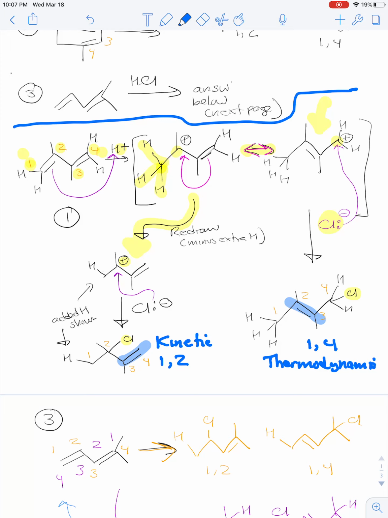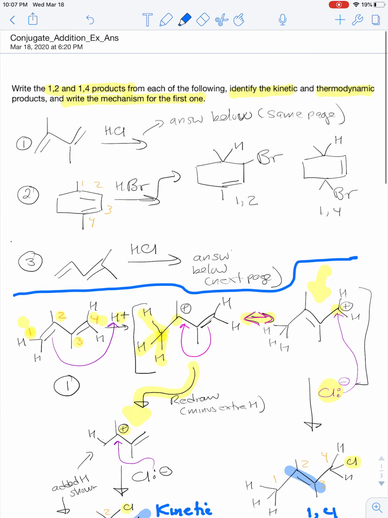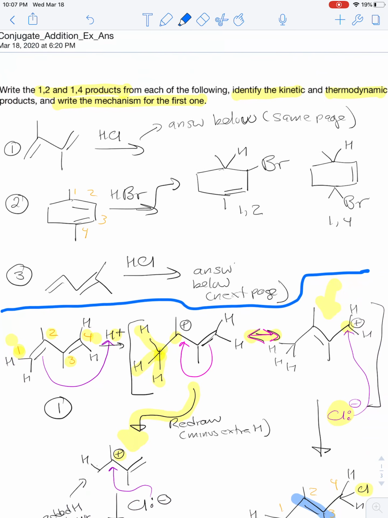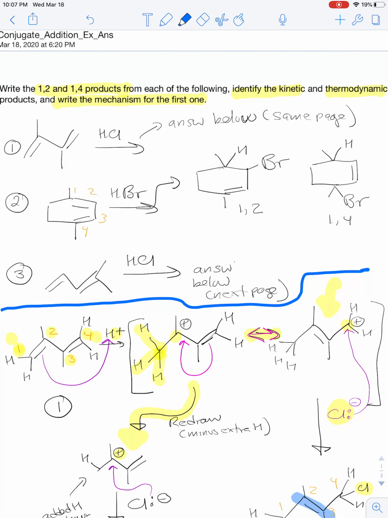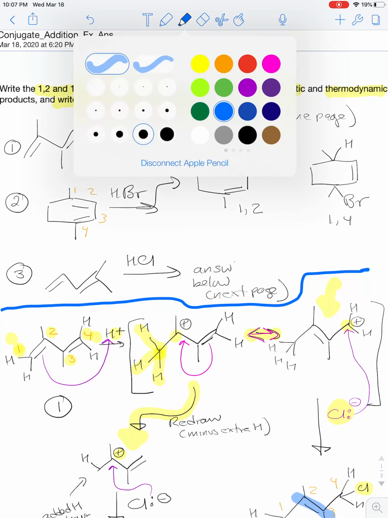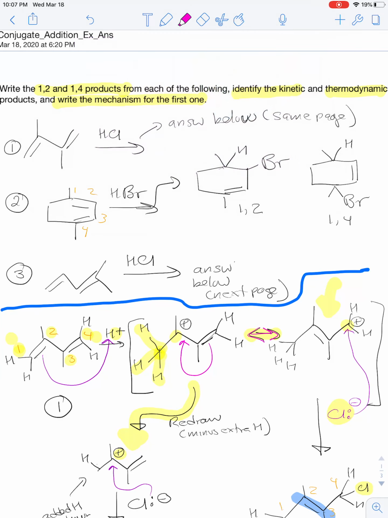Number 2, I did up here. So number 2, we have a symmetric diene. So it doesn't matter which end I call 1 and which end I call 4, so I just started from the top.